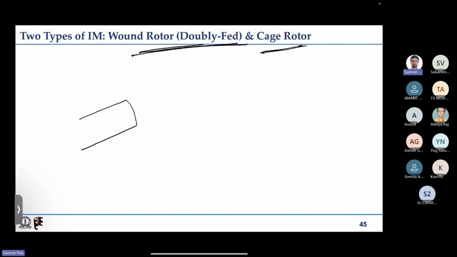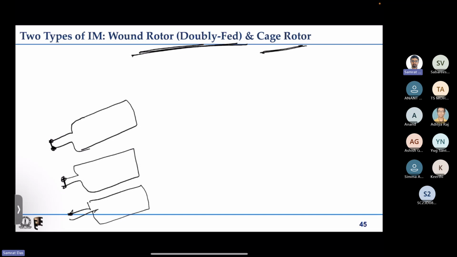We have the coils like this. So this is one coil, with two terminals, and we are shorting these two terminals. Similarly, we have another, say Y phase, two terminals, again shorted, and we have the B phase also, two terminals, again shorted.